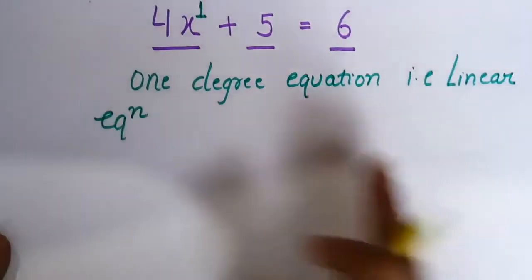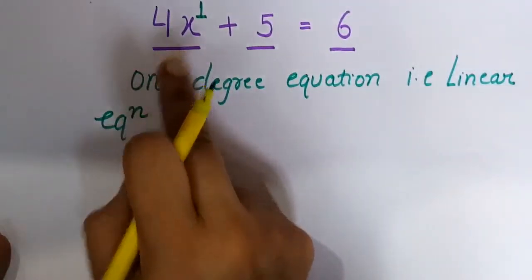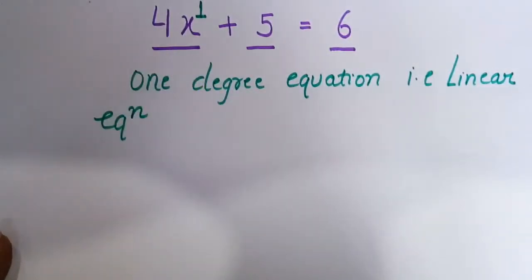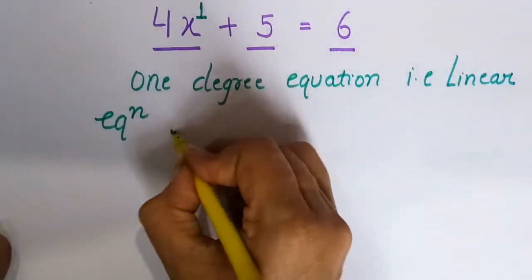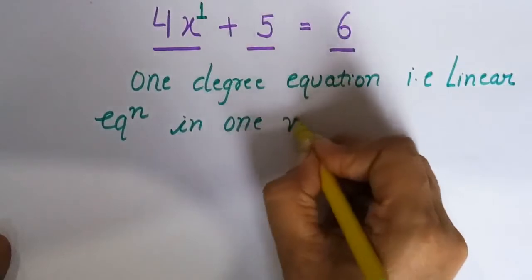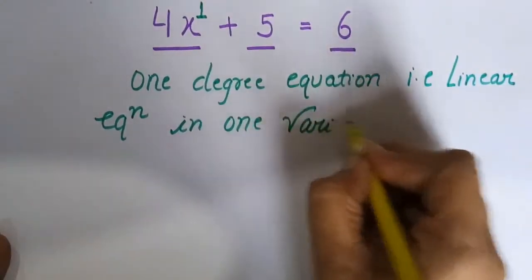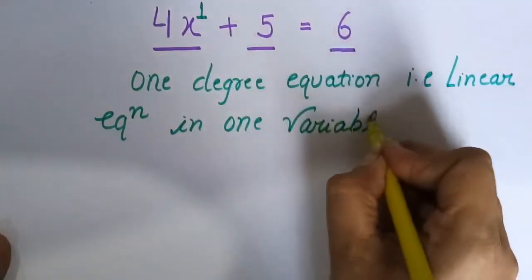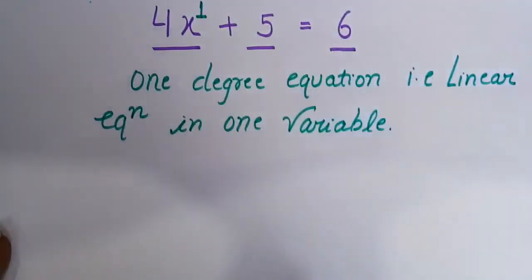In this equation there is only one variable, that is x. So it is linear equation in one variable. Now let's take one more example.